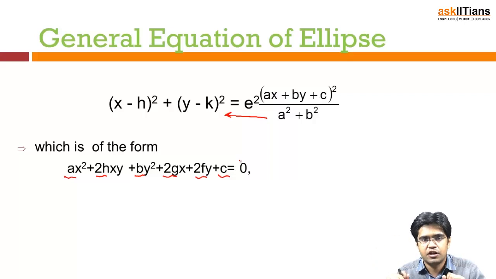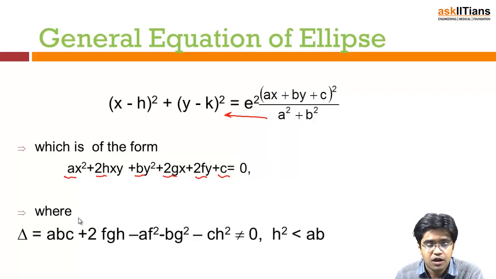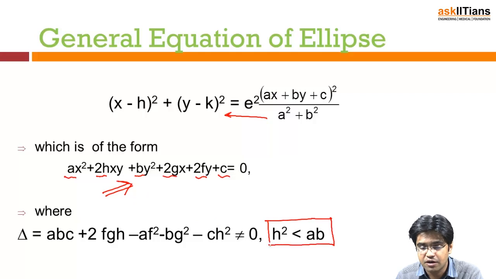Whatever 2-degree general equation you have, write it in this form, and if this delta value, that means ABC plus 2FGH minus AF square minus BG square minus CH square, where A, B, C, F, G and H are the coefficients in this equation, is not equal to 0, and provided that H square is less than AB, if these two conditions are satisfied, then the 2-degree general equation represents an ellipse.